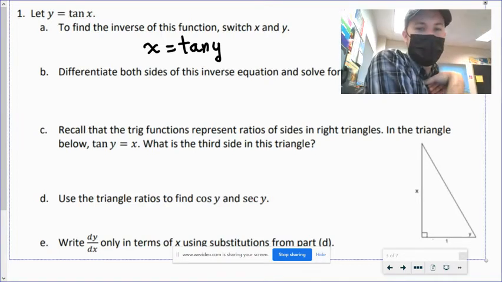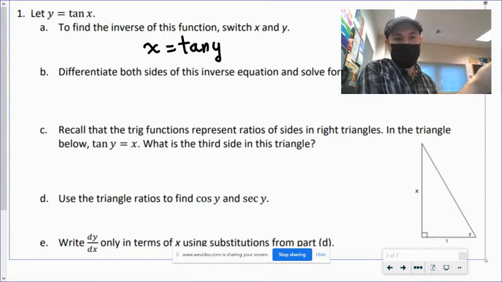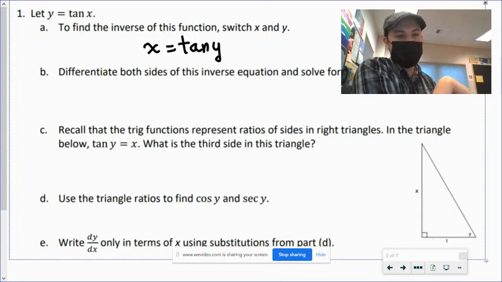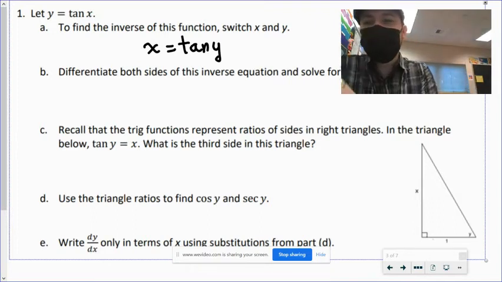So there's our inverse relationship. This is the opposite of y equals the tangent of x. It undoes y equals the tangent of x. It's true that in algebra 2 honors you would go a step further, of course. This would imply that y is equal to the tangent inverse of x.